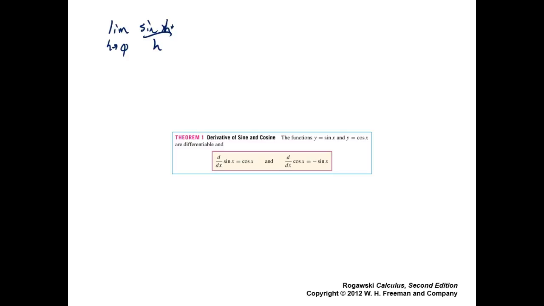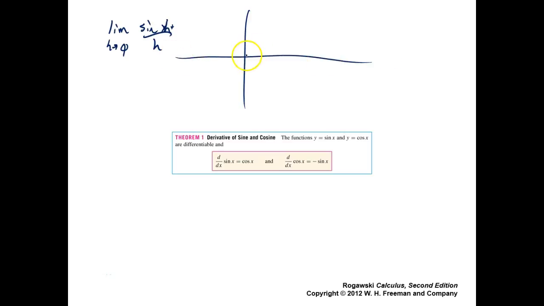Is it one of those limits we did back in chapter 2? That's 0 over 0, but yeah, it's an indeterminate form. Okay, let me see if this jogs you at all.